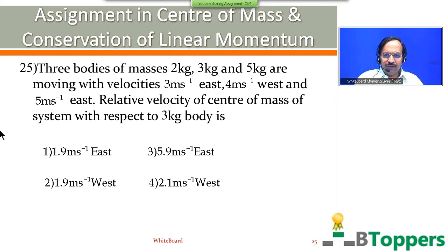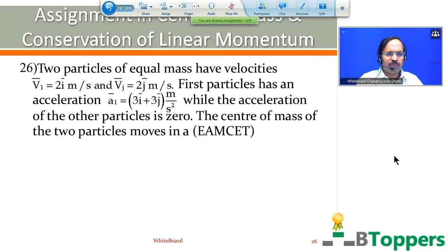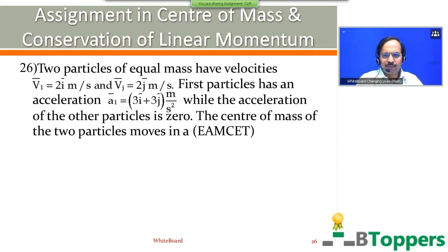So in case you need more time to answer this question, you can take a pause and take your time. I am going to show you the next question on screen. See the question number 26. Two particles of equal mass have velocities v1 equal to i meter per second and v2 equal to 2j meter per second.